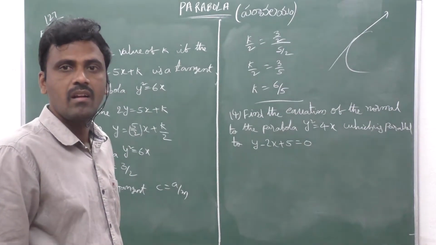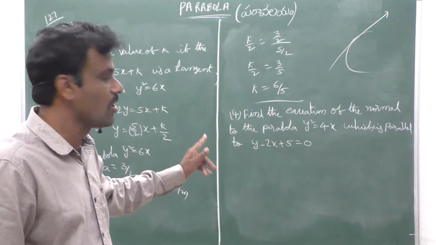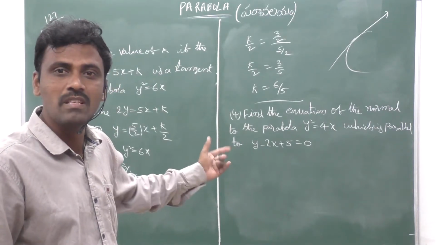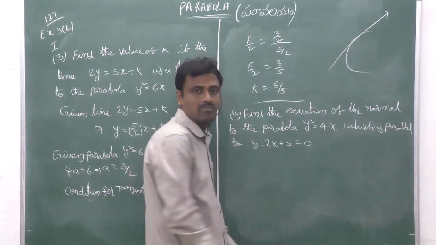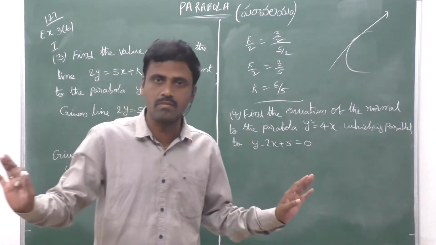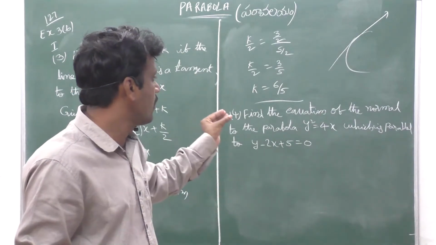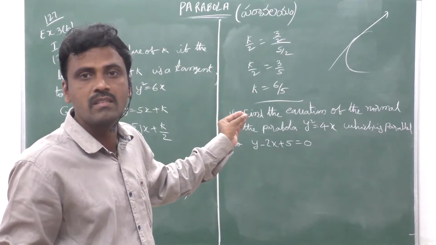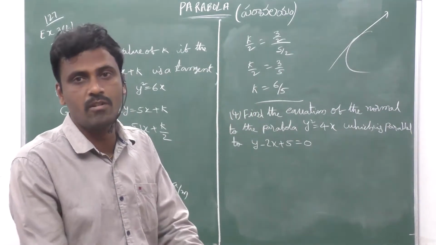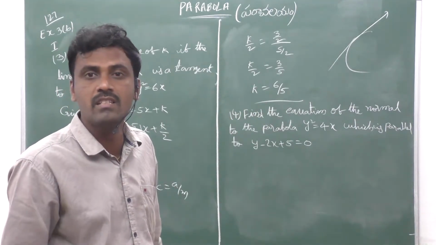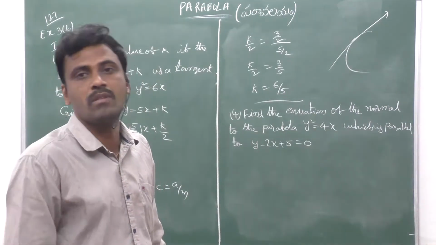Okay, here the normal slope: y minus 2x plus 5, that means y equal to 2x plus 5, so the slope is m, parallel slope, slope of the normal m. Next, parabola y square equal 4x, a equal to 1. Now the equation of the normal, direct formula, y equal to mx minus 2am minus am cube. There are three formulas.